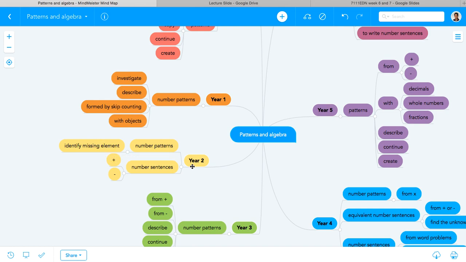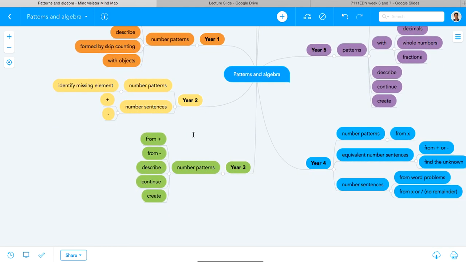And we're also looking at number sentences focusing on addition and subtraction. Year 3, number patterns again, but this time remember, this is where students are creating their own number patterns. They're describing that number pattern and they're continuing.